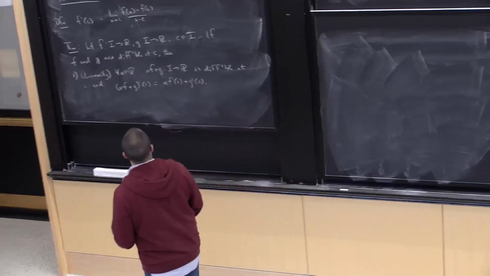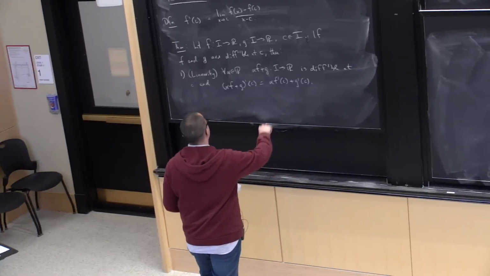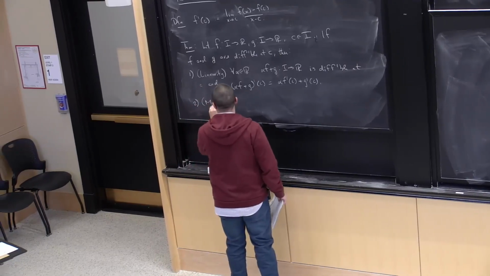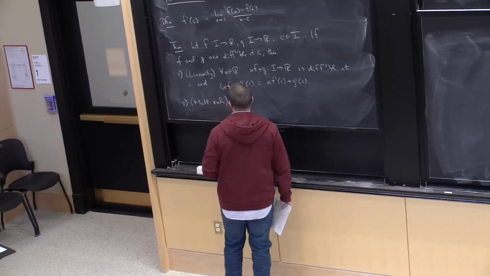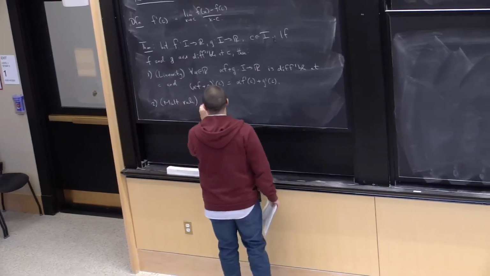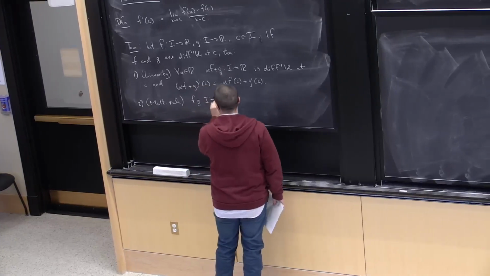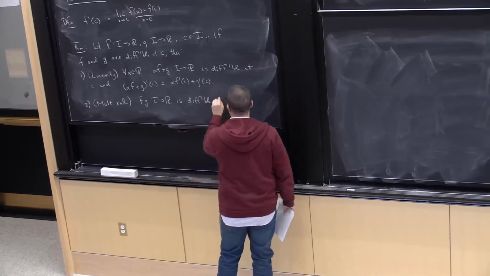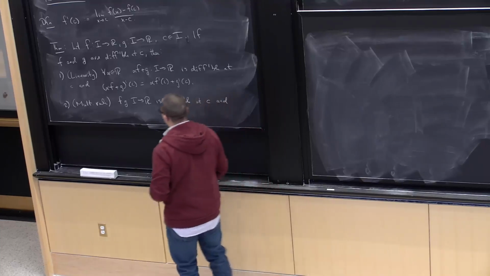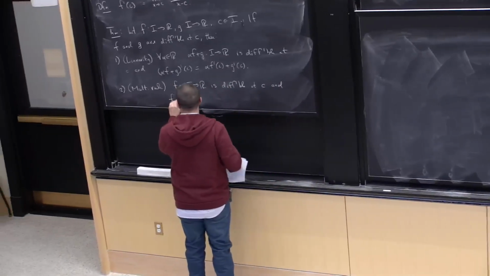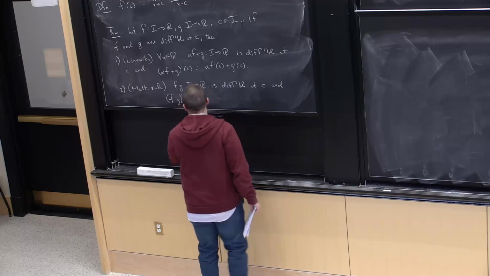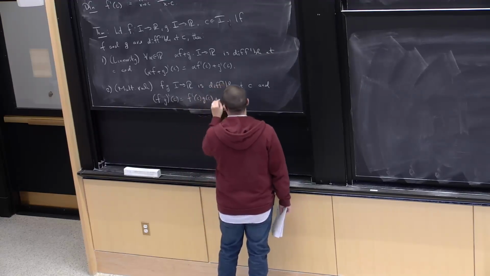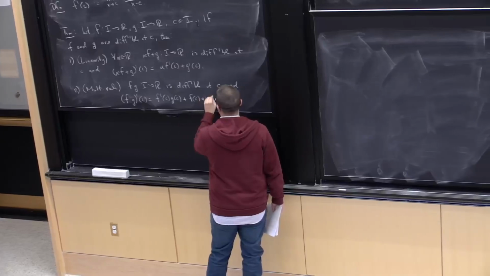Okay? The second is the multiplication rule, which is the function f times g is differentiable at c, and the derivative of the product is not the product of the derivatives, but f prime of c, g of c, plus f of c, g prime of c.